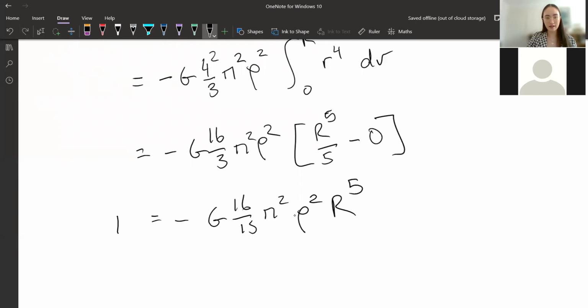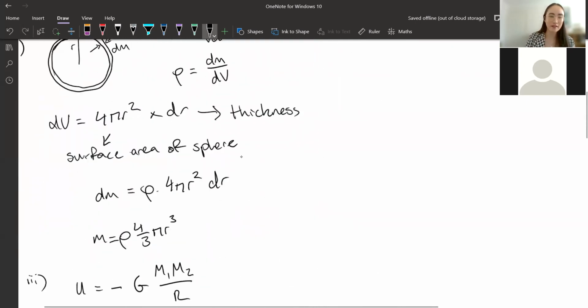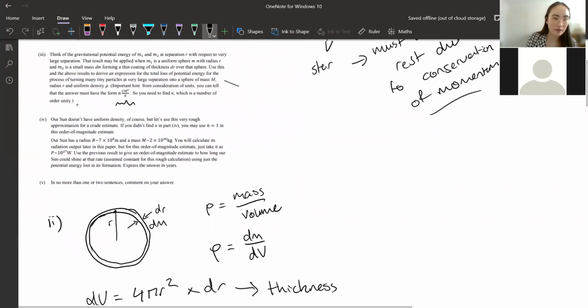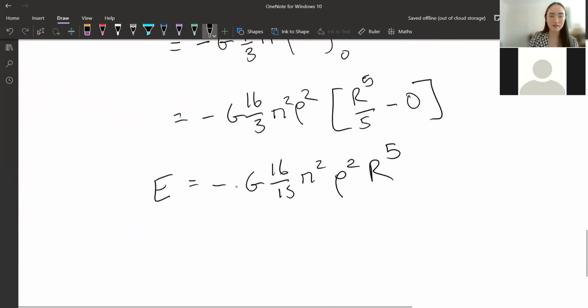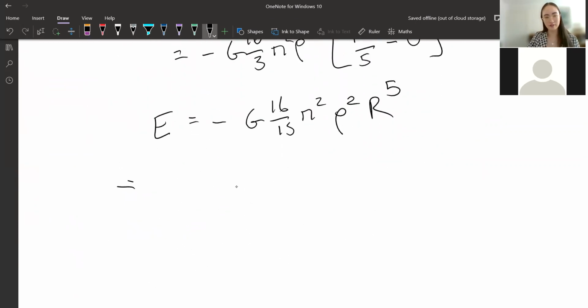And this is our total energy that's happened in the system. And going back to the question, it gave us a hint that it was going to be in the form n gm squared on r. So we basically need to find n. So the hint said E is equal to n gm squared on r, which is not quite the form we have.